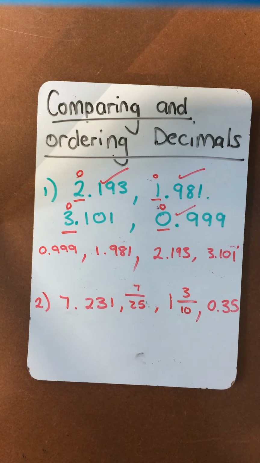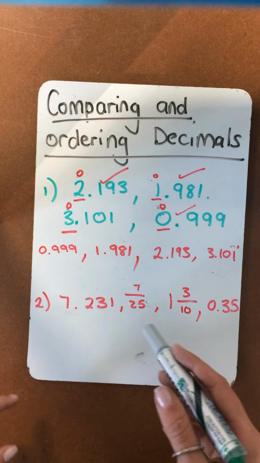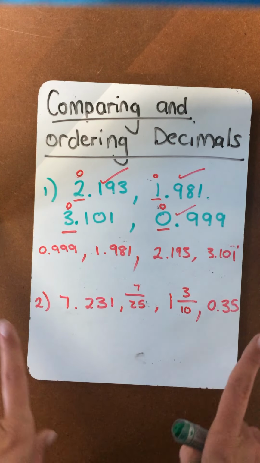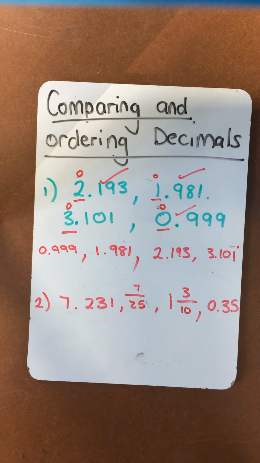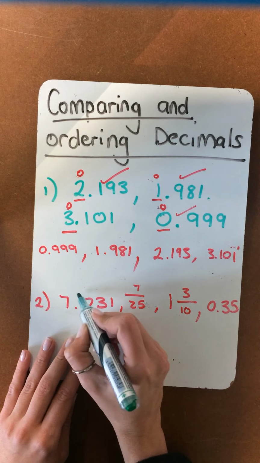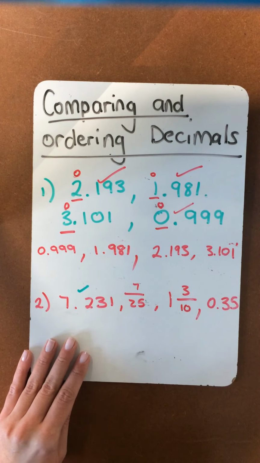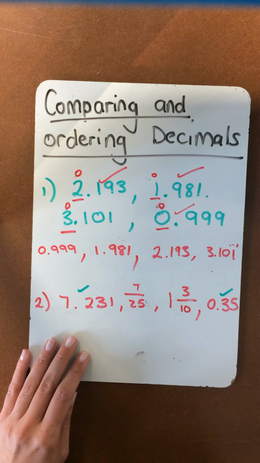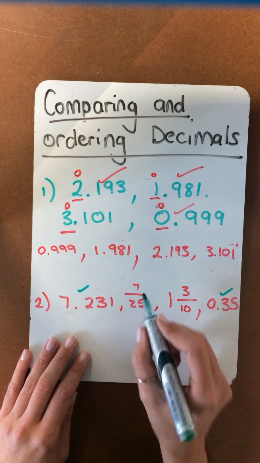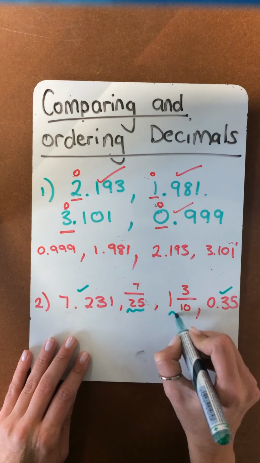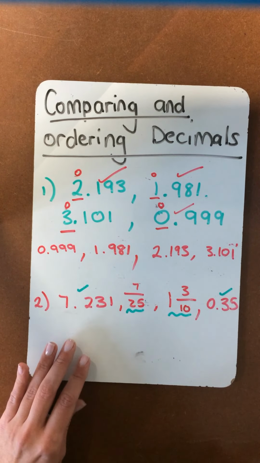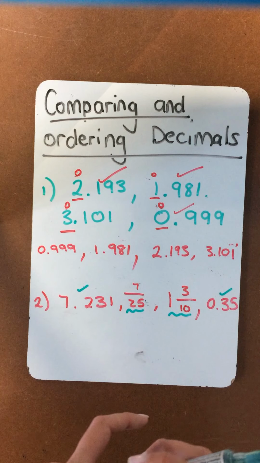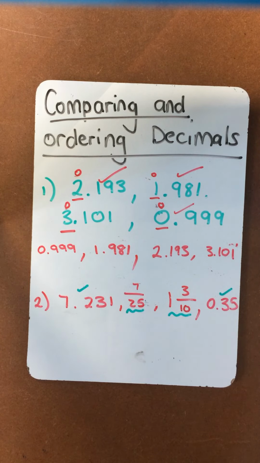You first need to change all of them to be decimals so that they are all the same. So 7.231 is already a decimal, so I'm going to leave it just like that. 0.35 is also already a decimal, so I'm going to leave it just like that. I'm going to change these 2 fractions so that they are decimals, and then it will be easy for me to see which one is bigger and which one is smaller.